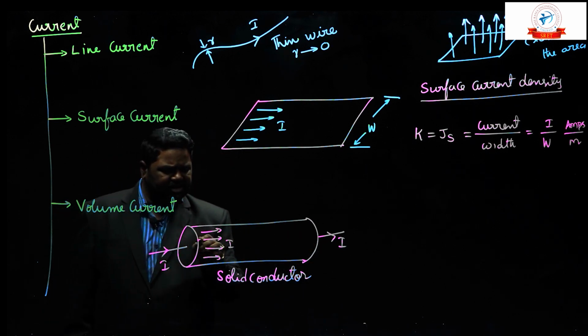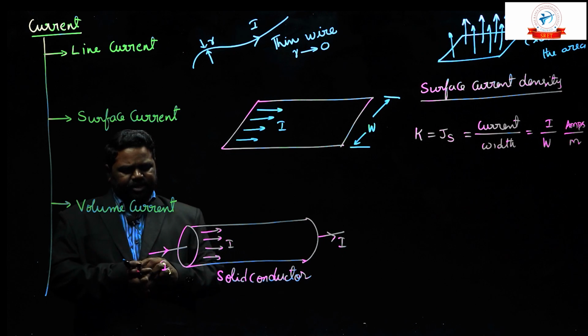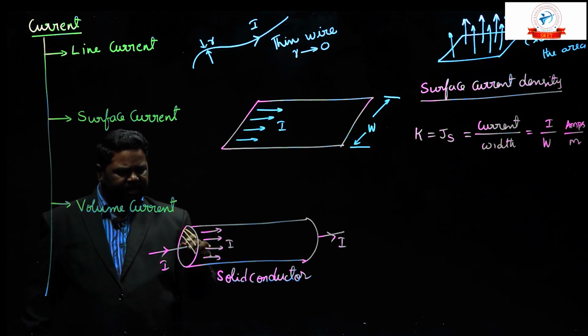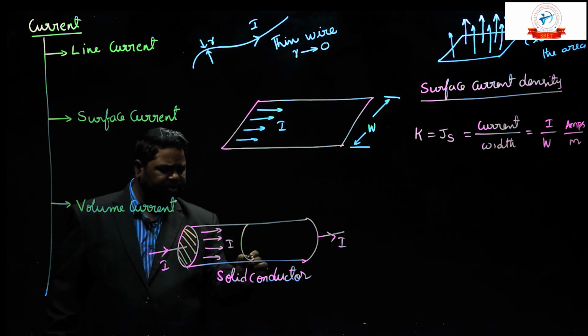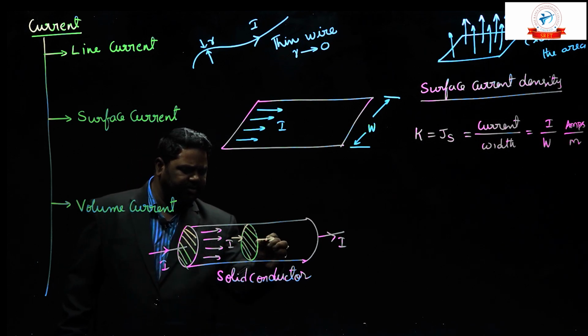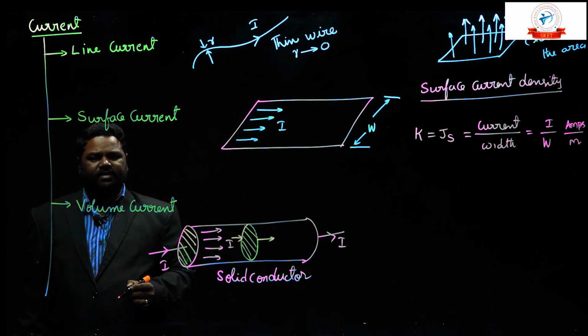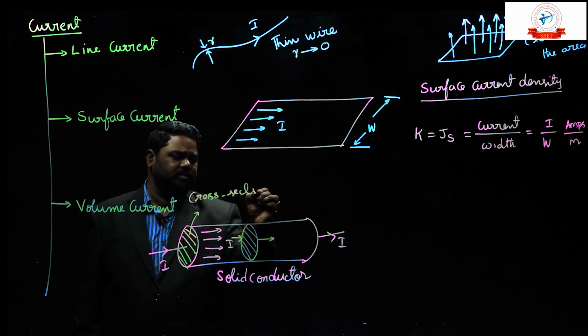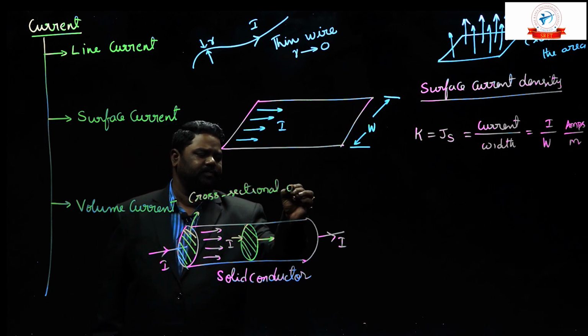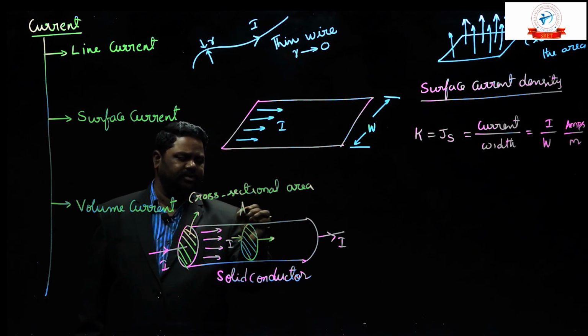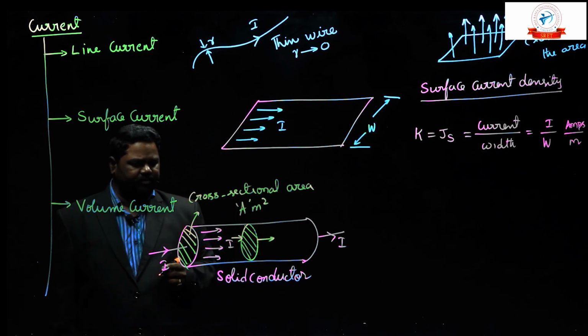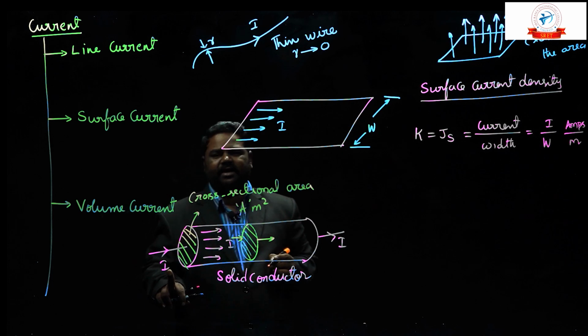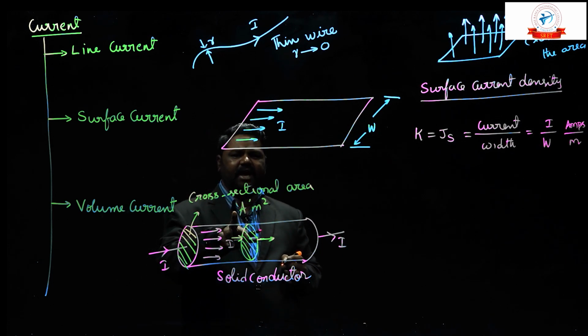While current is flowing in the entire volume, it is crossing only the cross-sectional area of the conductor. At any location of the conductor you observe, the current will cross only the cross-sectional area. So I consider this one as the cross-sectional area, with units A meter square. The current flowing is I and it is crossing a cross-sectional area of A meter square.